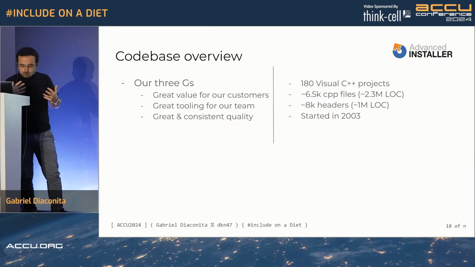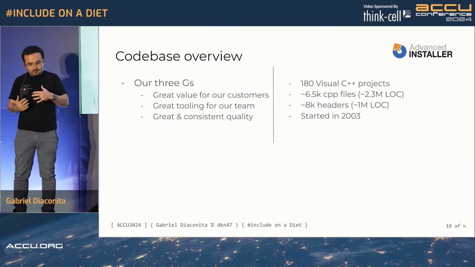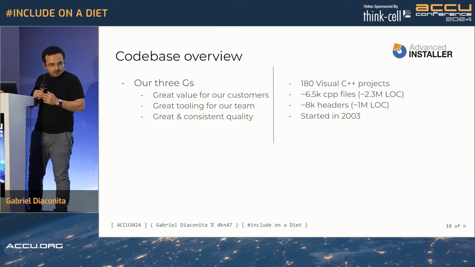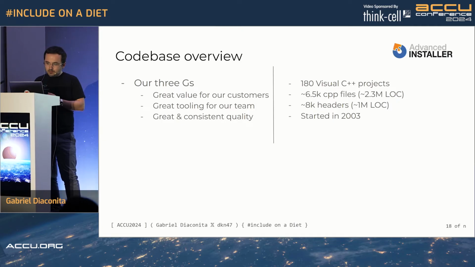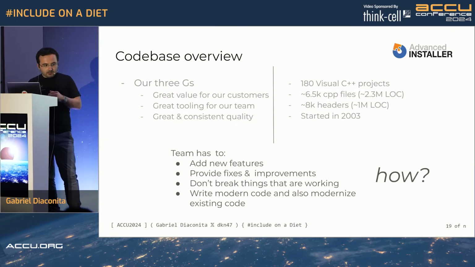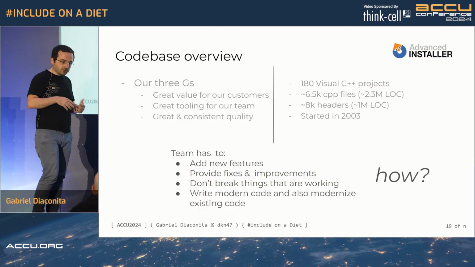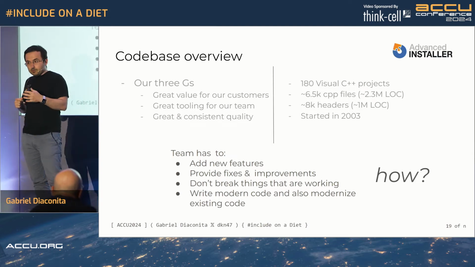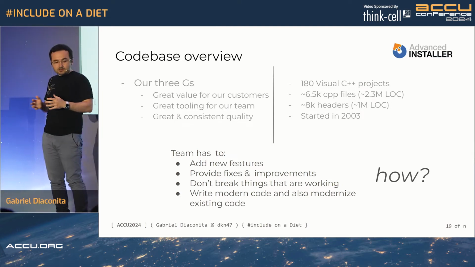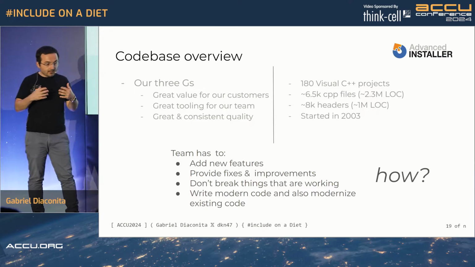So we need to put this into perspective, to balance ourselves in order to do this with a mature product that's quite complex. And our team has to add features, to provide fixes, to improve things, and very importantly, not break things as they modify the code and add new one.